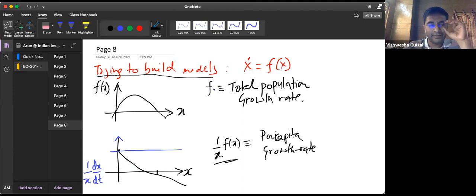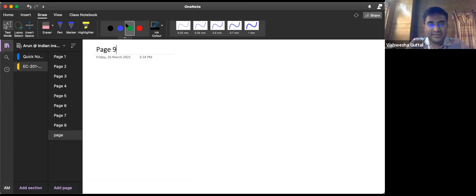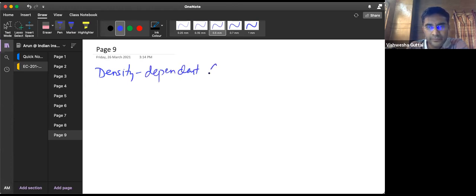Now the second thing. This is again a concept we have discussed. The idea of density dependence, right? This is very widely used. Density dependent growth. Okay, so now what is it? Again, how do we know whether a population has density dependent growth or density independent growth?